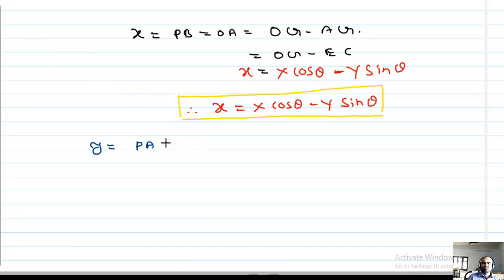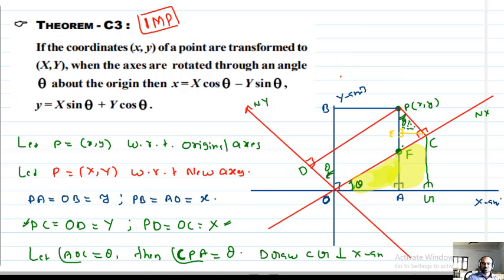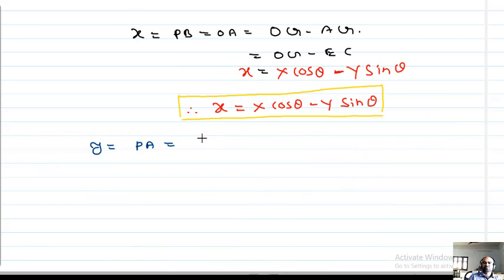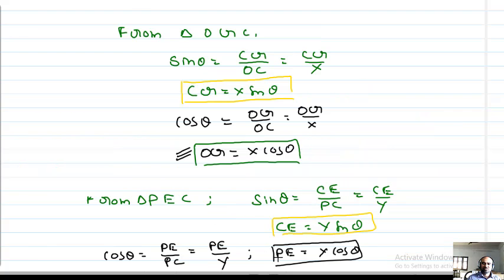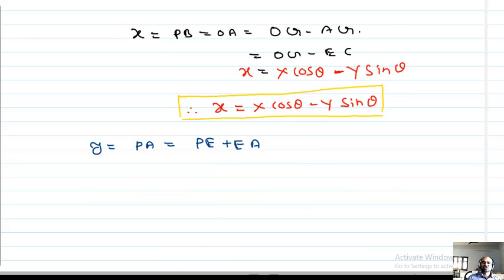Now PA equals, see here, PA means PE plus EA. Instead of PE, already proved somewhere: capital Y cos theta. I will write capital Y cos theta.